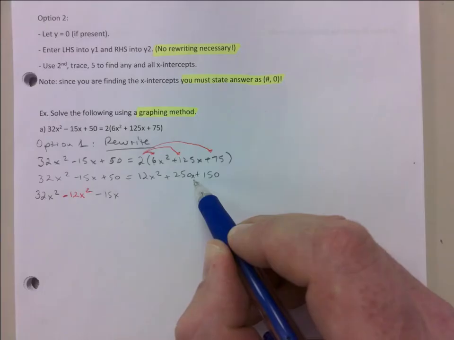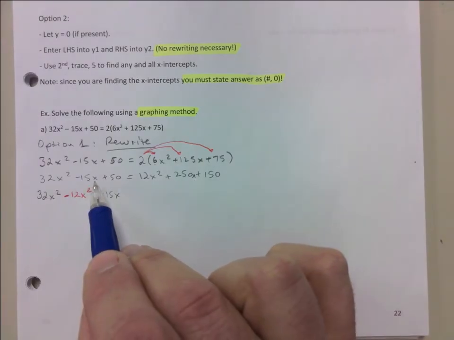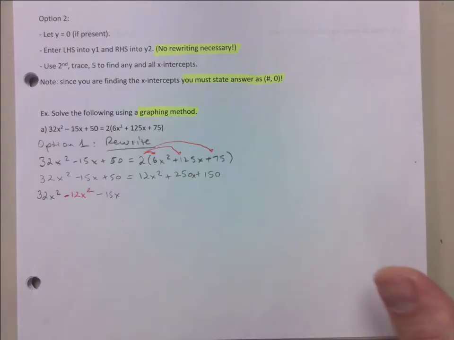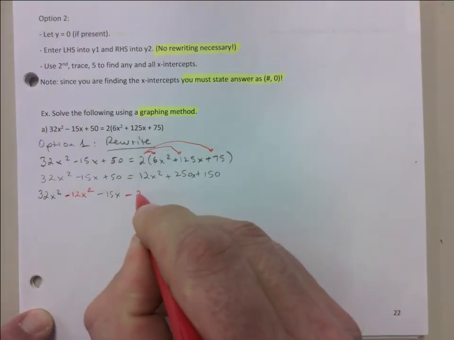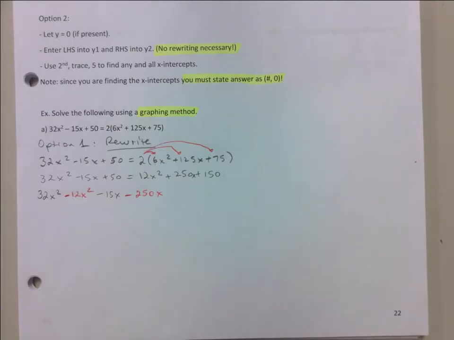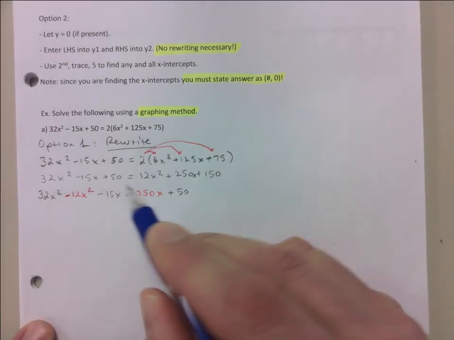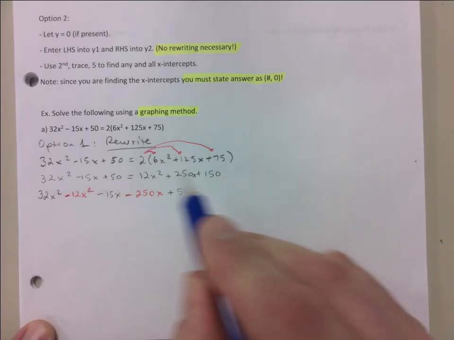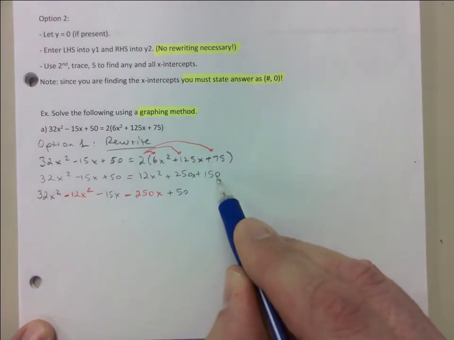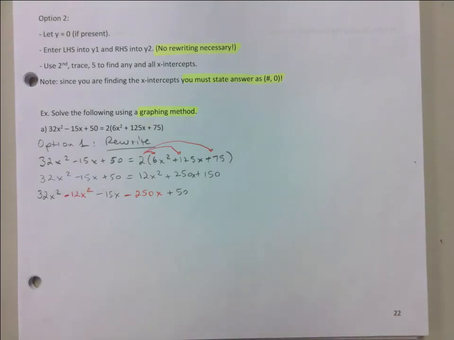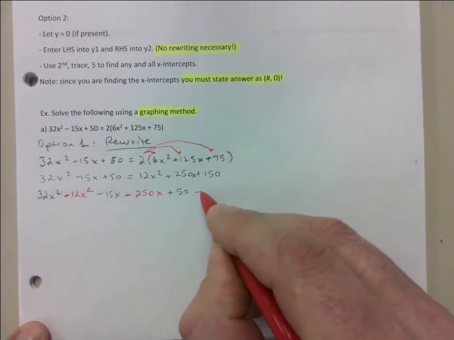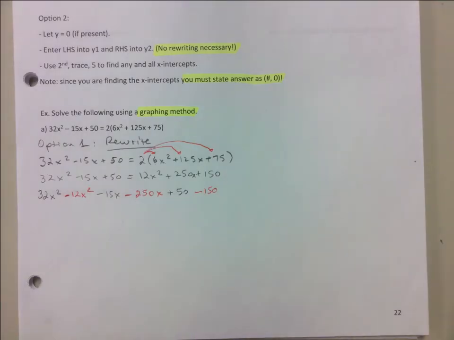Please remember that. So the 15x here is going to be accompanied by the 250, which comes over subtracting. Then the 50 that's already on the left-hand side is going to be accompanied by the 150, but it's going to be negative 150 because when it comes over the equal sign, it changes signs.